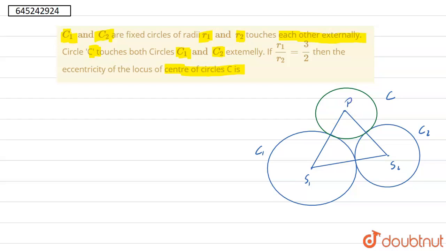Now we apply the condition that they said, that C1 and C2 are fixed circles. This is given, and it is also given that R1 by R2 is 3 by 2, where R1 and R2 are the radii of C1 and C2.